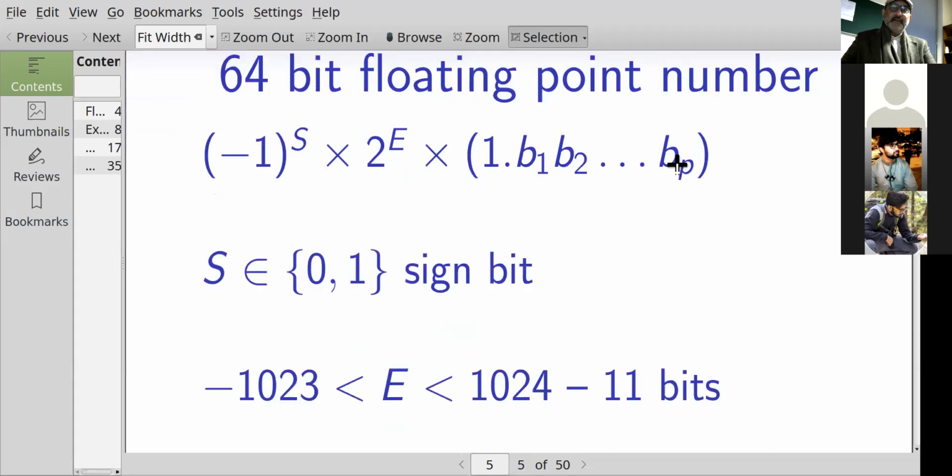So again, there's 11 bits. I'm calling that E over here. So you can represent 2 to the power of E, okay? And then we have a whole bunch of other bits. A 1 is understood, and then you've got 1 point B1, B2 up to BP.